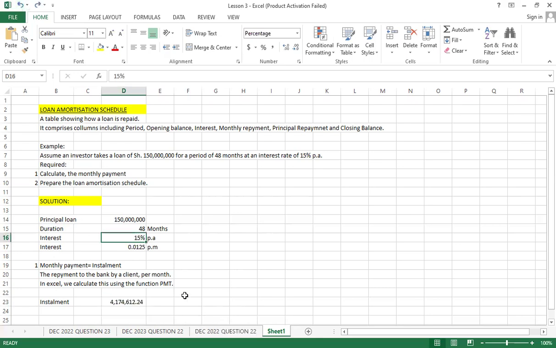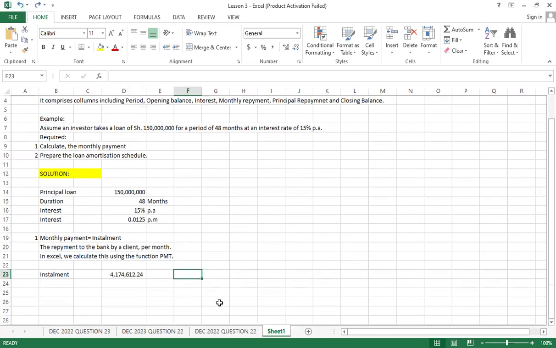Just one more thing to note about this installment. When I calculate this 4.1, the 4.1 comprises two things. This thing has two parts.